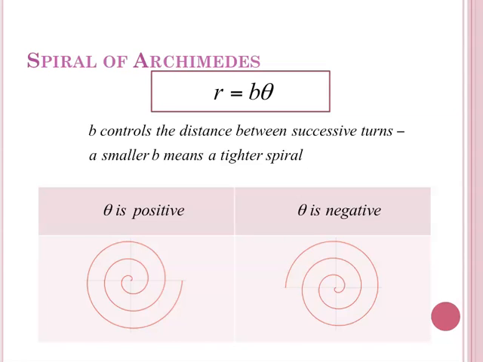But if you look very closely at where they start, look at the first quadrant in which they enter. When theta is positive, it starts in the first quadrant and then starts spiraling from there. Whereas in the second case, where theta is negative, it starts in the third quadrant and then spirals out from there.